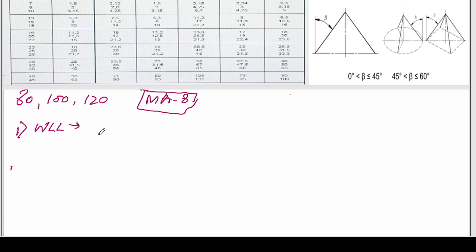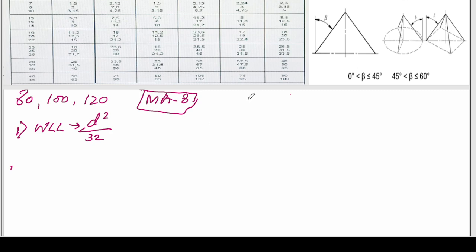However, in the case of grade 8, we can calculate the load capacity, that is the working load, as diameter square divided by 32.